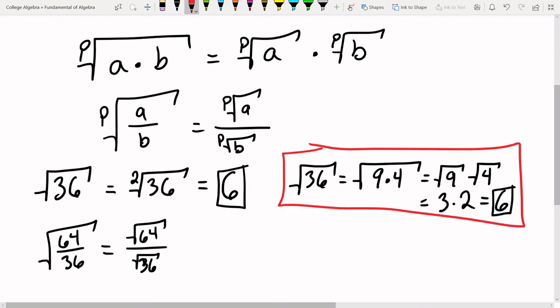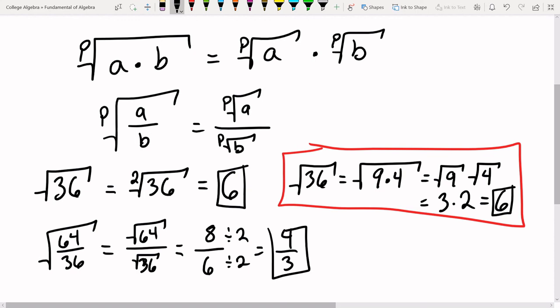But both of these do actually have answers. The square root of 64 is 8. 8 times 8 is 64. And the square root of 36 we just found is 6. This, of course, can be reduced by 2. And we get 4/3. Which is much more simple than looking at the square root of 64 over 36.